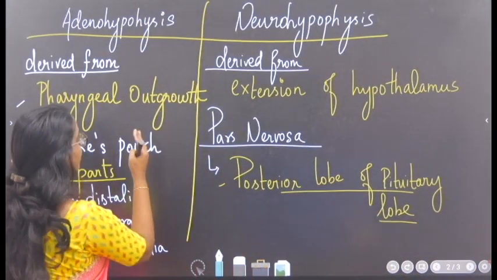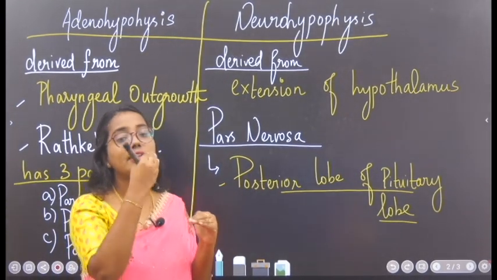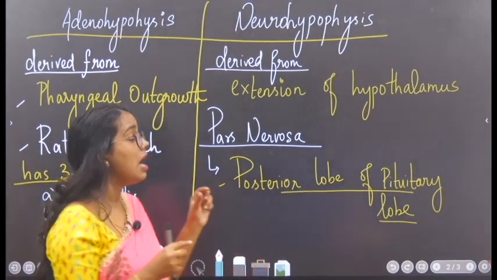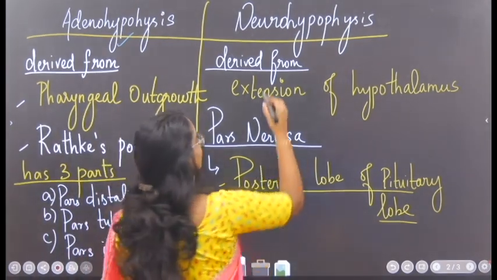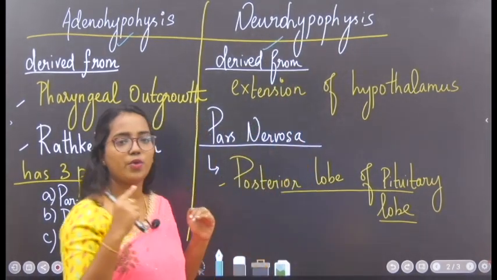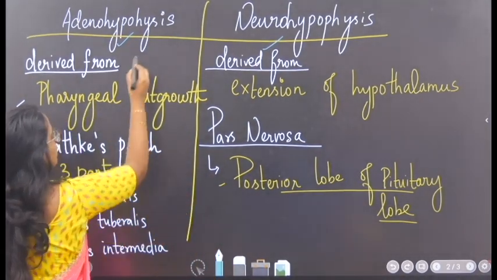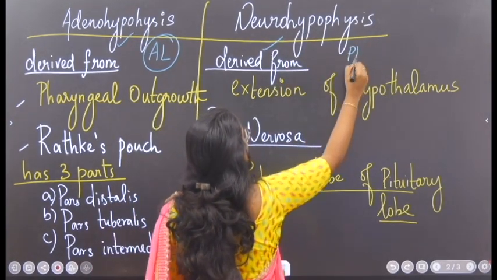So, here is the difference between the anterior lobe and the posterior lobe. Another name for the anterior lobe is adenohypophysis, whereas the technical term for the posterior lobe is neurohypophysis. Here it is the anterior lobe, and here it is the posterior lobe.